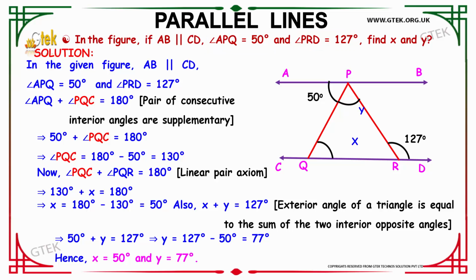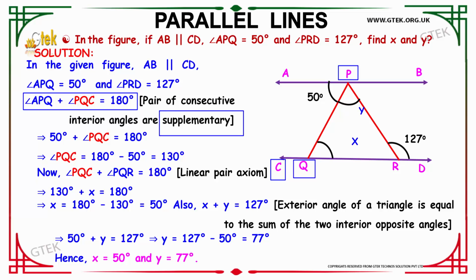From this, angle APQ plus angle PQC, since it's a pair of consecutive interior angles, is supplementary. Supplementary is nothing but 180 degrees. So we can write angle APQ plus PQC equals 180 degrees.